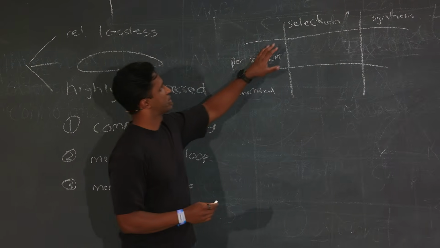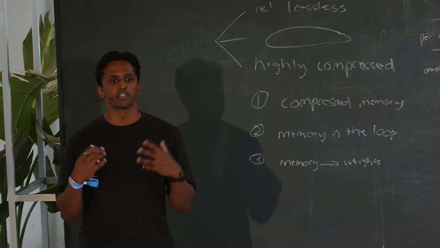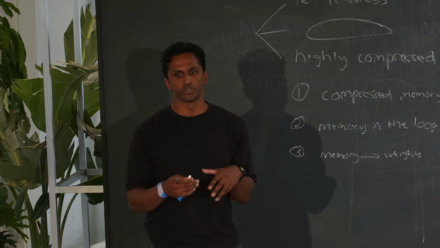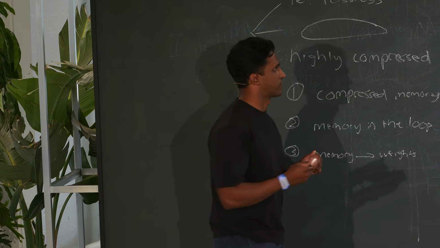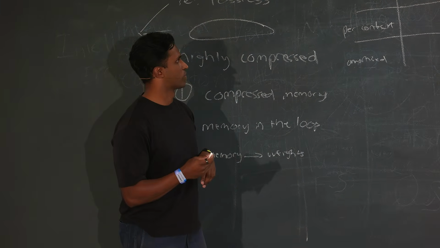Per context selection involves looking at the full KV space and having some sort of scoring, and being able to choose which parts of the KV cache to evict so that it can be used for future calls.